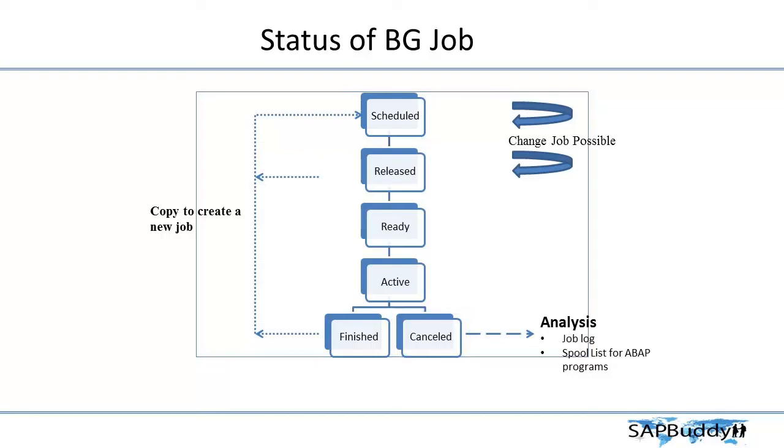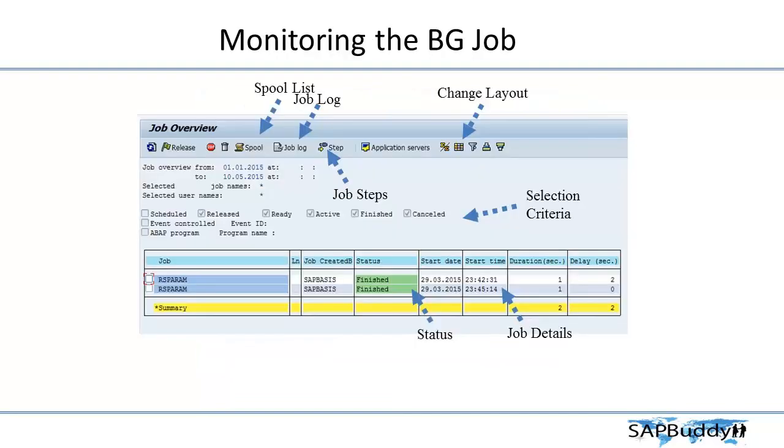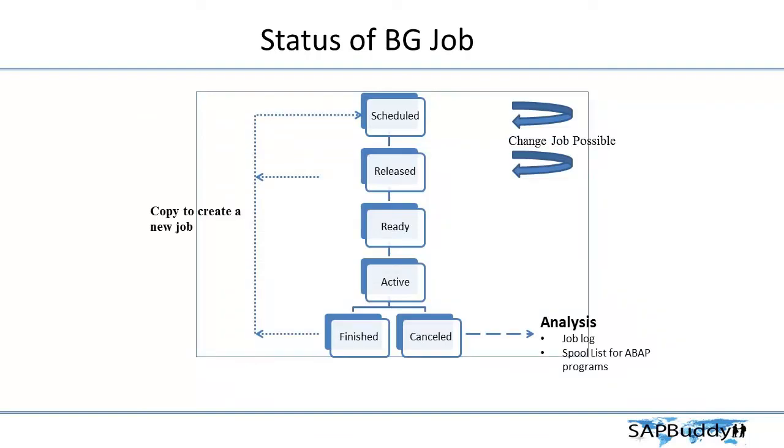Let's say you go to SM37 and manually cancel this job, or this job is cancelled because of some particular error. These errors you can also see in SM37 when you go to the job log. As we saw in our previous presentation, the job log will give you the actual error of this cancellation. Okay.